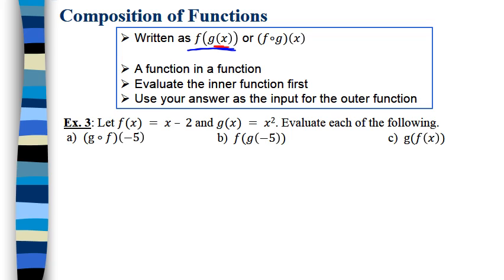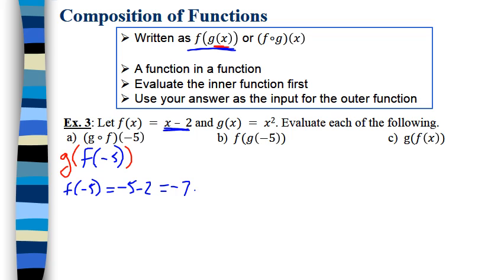Okay, so if I'm saying g of f of x, that means g of f of negative 5. So what that means is I'm going to find f of negative 5 first, right? So f of negative 5 is negative 5 minus 2, which equals negative 7.